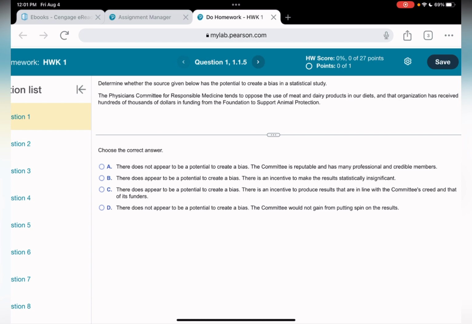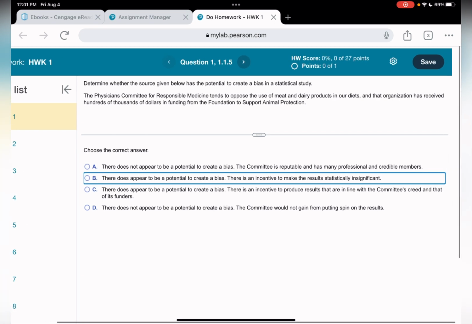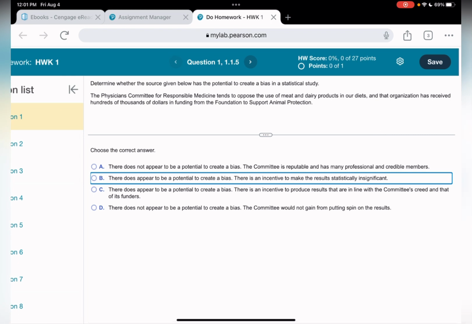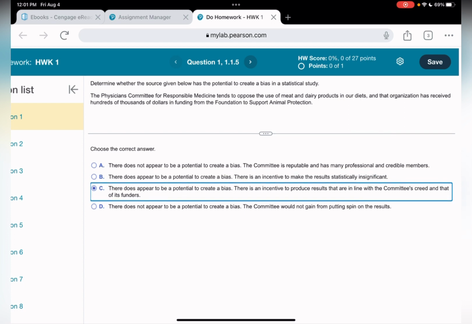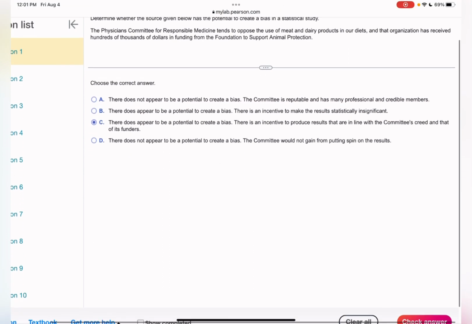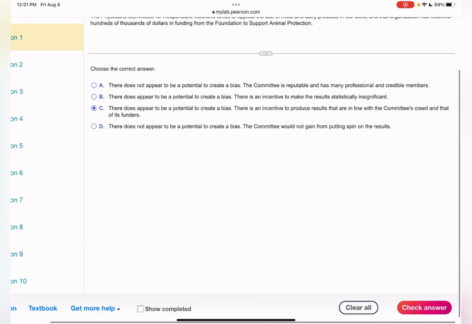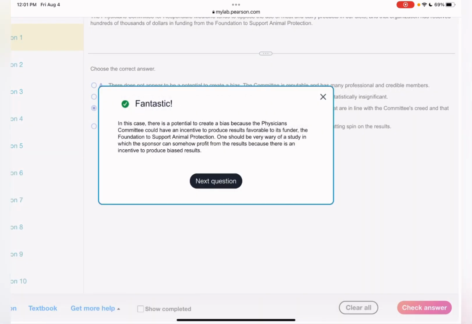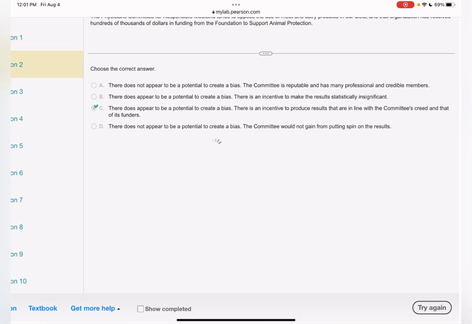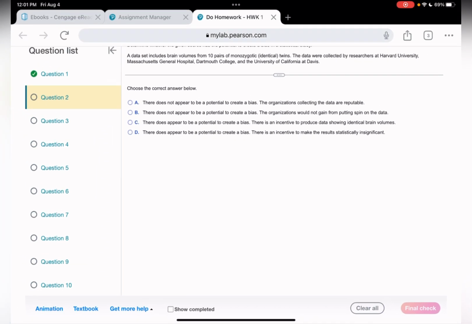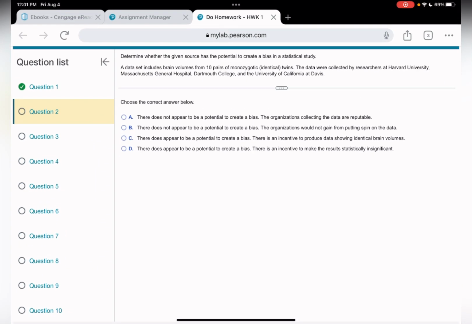There is an incentive to produce results that are in line with the committee's creed and that of its funder. Bingo! I believe this is going to be our answer. Let's check. There we go. Fantastic.